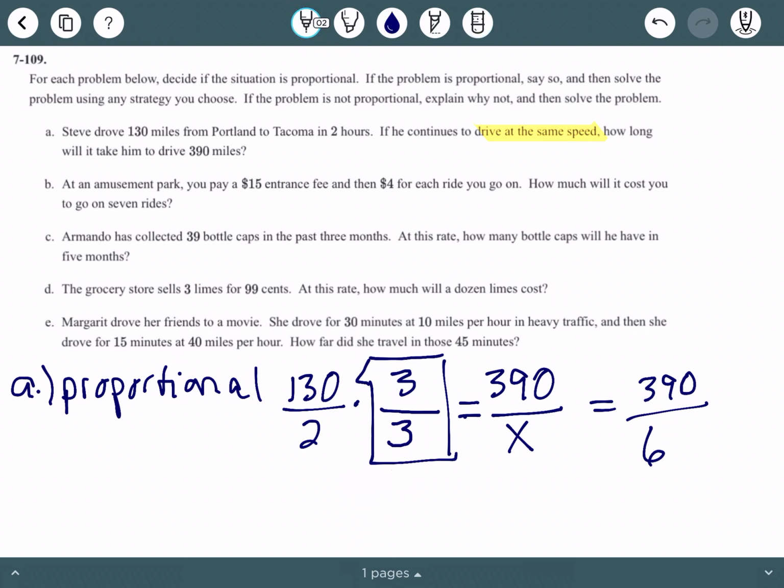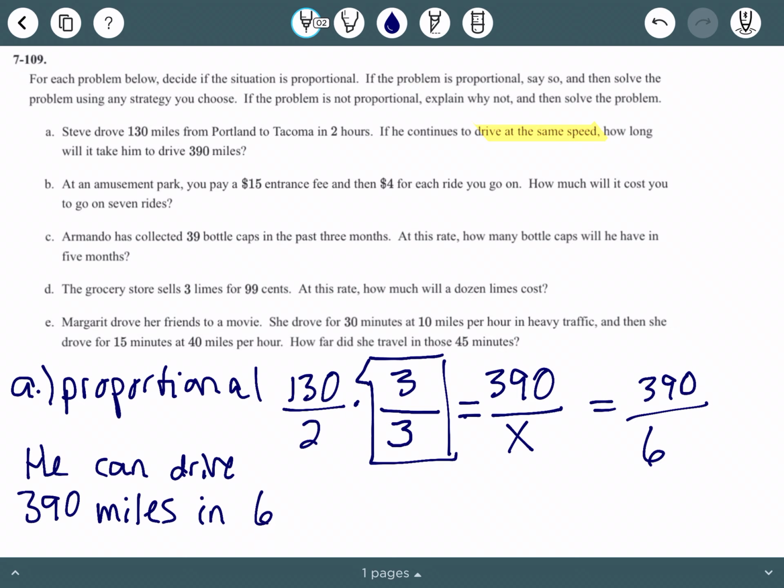So how long will it take him to drive 390 miles? He can drive 390 miles in 6 hours. All right, and that's all we need to do for part A.